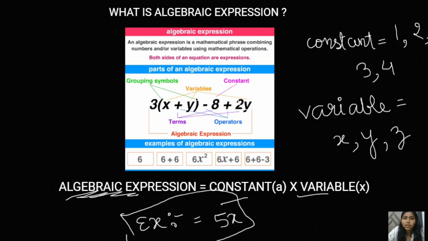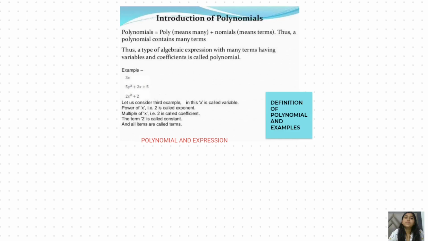So let's now move forward to what is a polynomial. First we have to study what polynomials are. Poly means many and nomial means terms. As we can see, a polynomial consists of many terms.